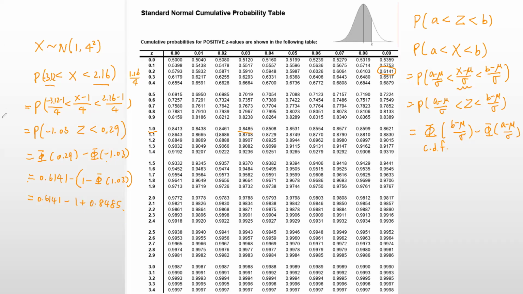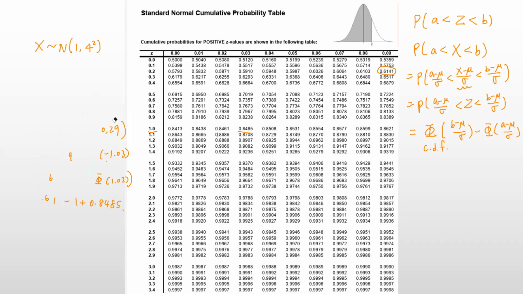I want to show you what it really means when we standardize. Originally we have a density, and I have this graph. You have x normal with mean 1, and you have something like this.